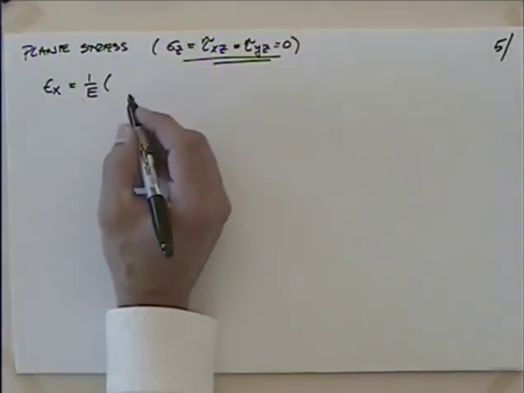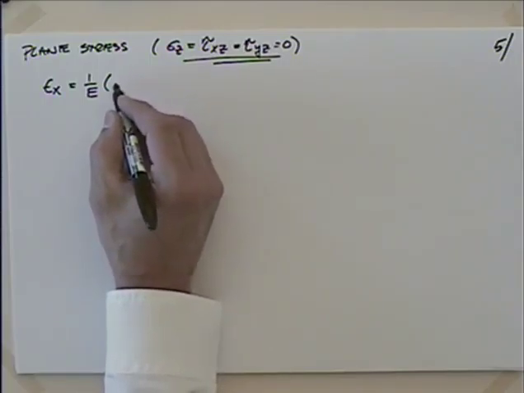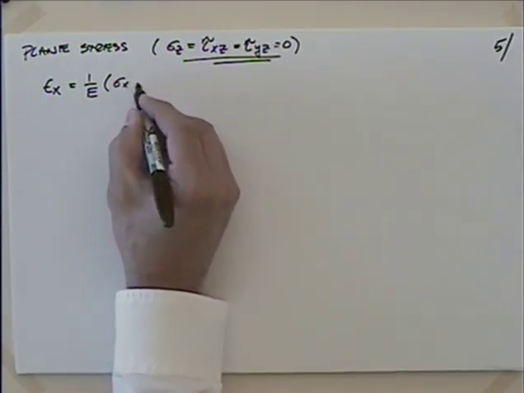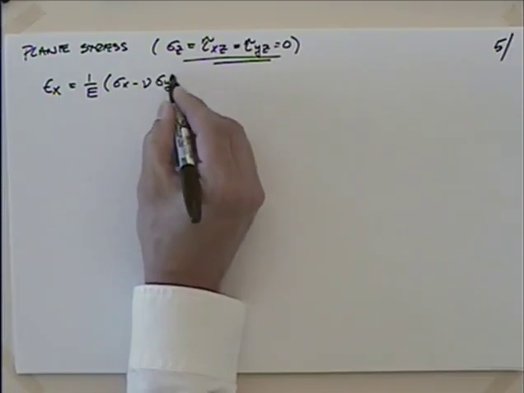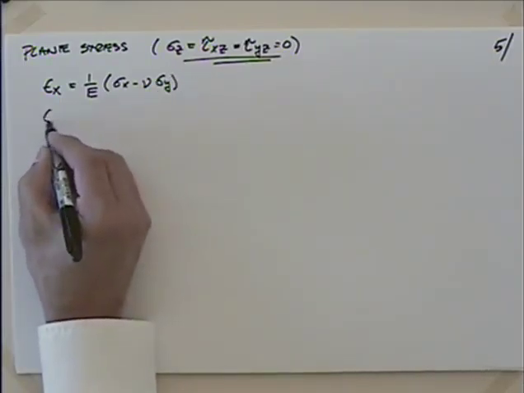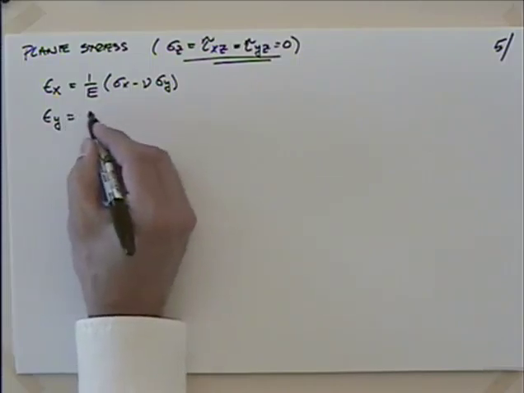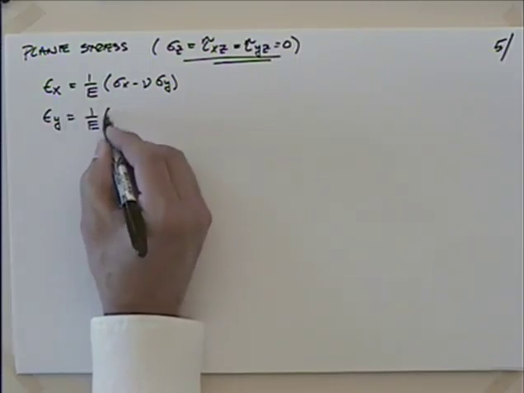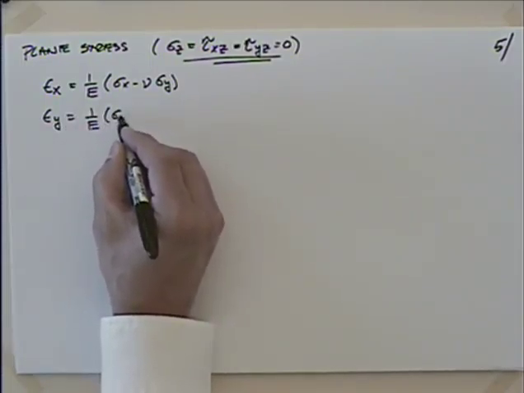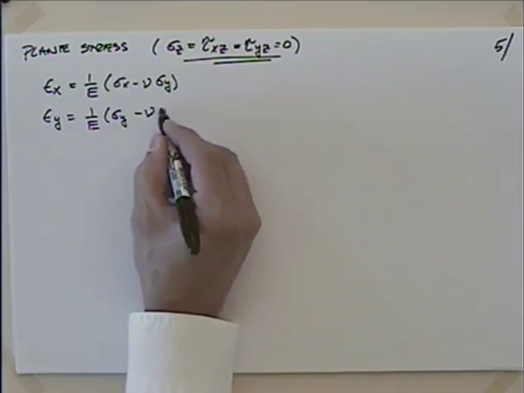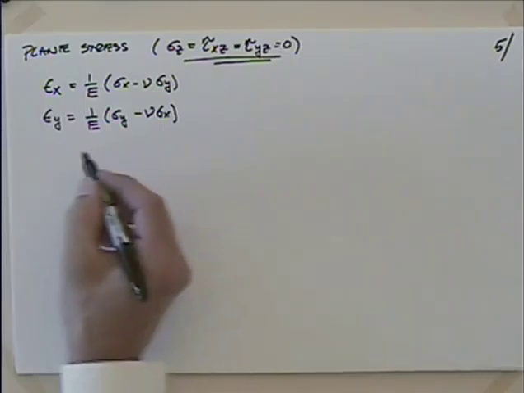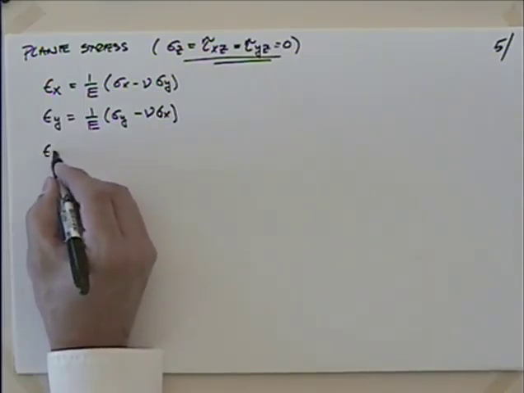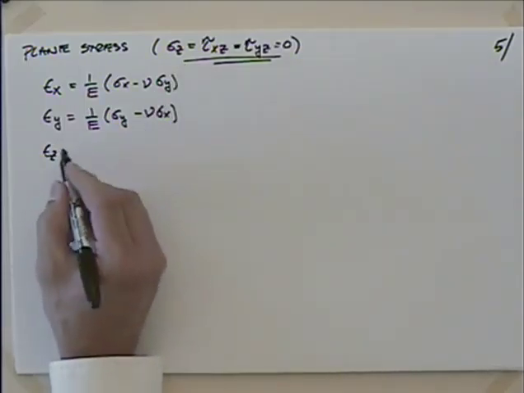We'd have epsilon x equal to 1 over Young's modulus times sigma x minus Poisson's ratio times sigma y. And epsilon y is equal to 1 over Young's modulus times sigma y minus Poisson's ratio times sigma x. And epsilon z, there is an epsilon z even though there's not a sigma z.